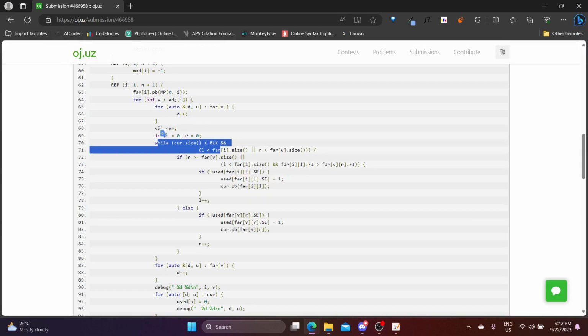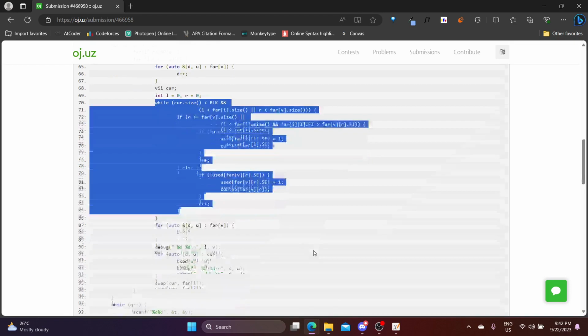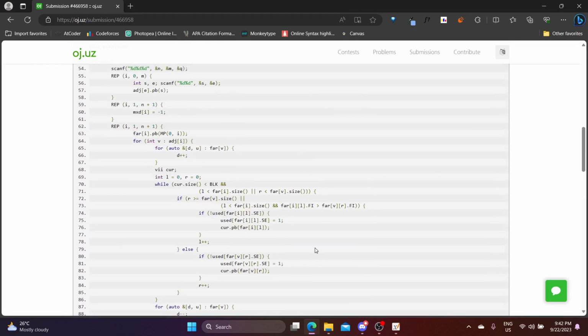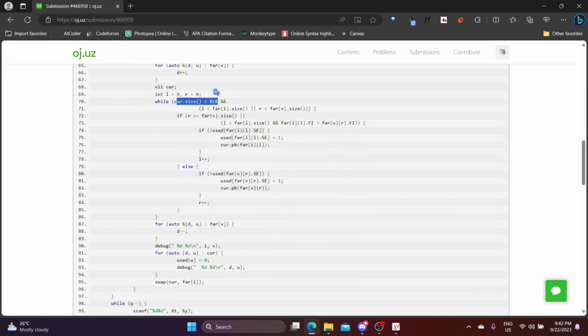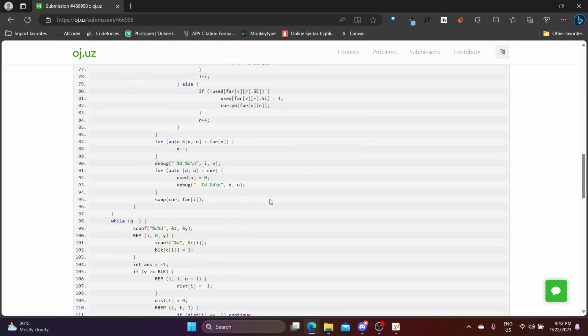So this is the same code as the merge in merge sort, and after that we only maintain the ones smaller than square root.